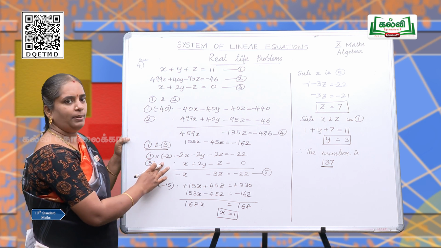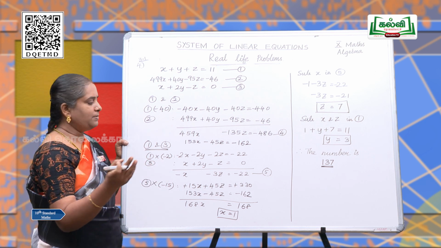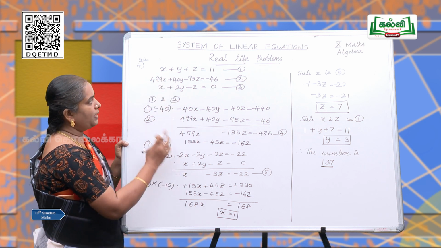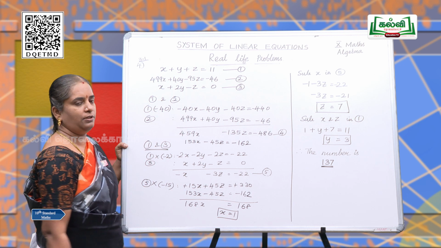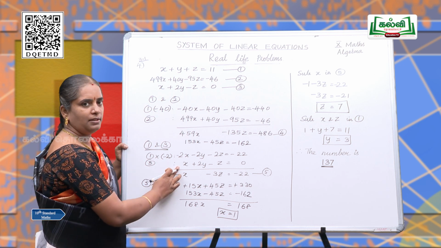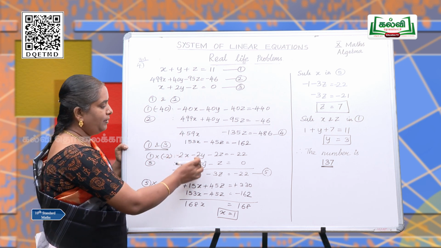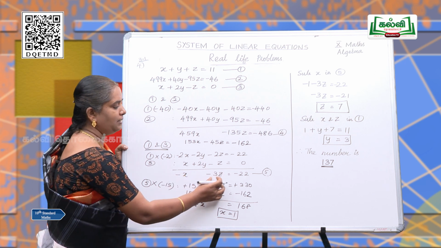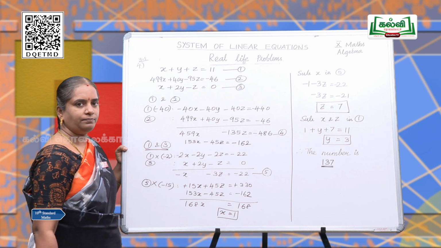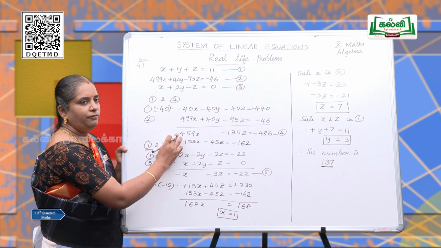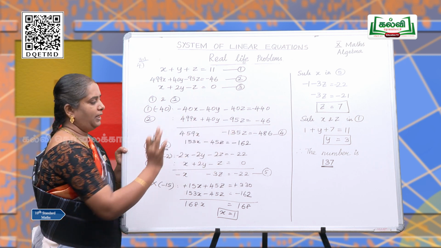Here also we are going to multiply by minus 2, which becomes easier for you. So, minus 2x minus 2y minus 2z is equal to minus 22. Adding the third equation with this, we will be eliminating y and getting a smaller equation, and we name this equation as 5, and we have named the earlier equation as the fourth equation.